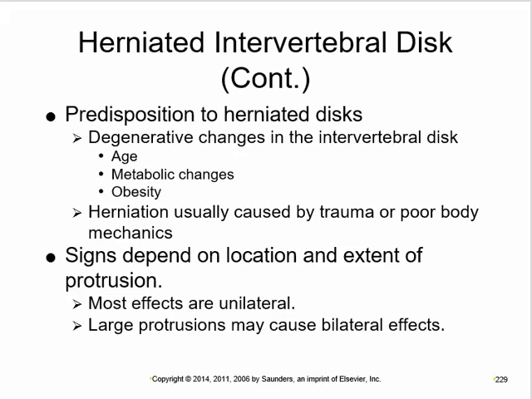Usually, if we have a herniated disc, the problem is unilateral, because it's the one nerve root. If it's large or it's posterior, you could get bilateral effects because of the spinal stenosis caused by it.